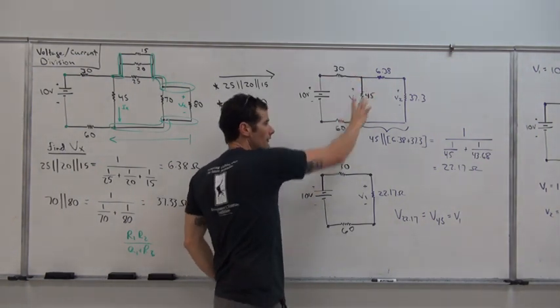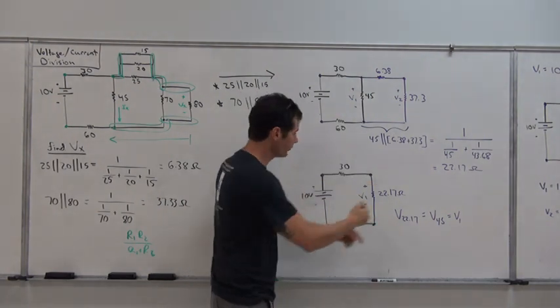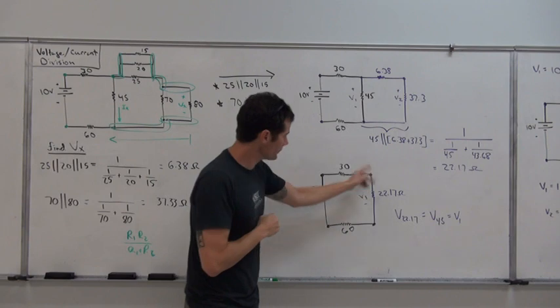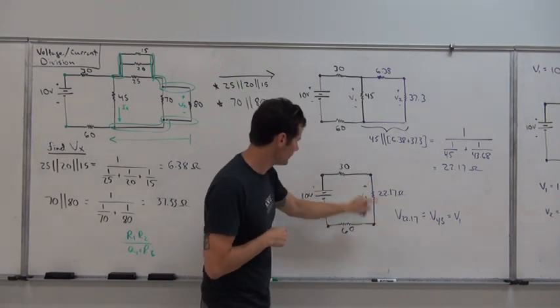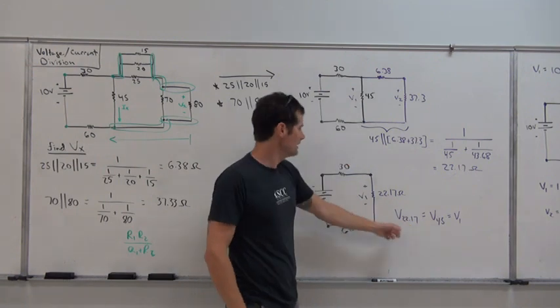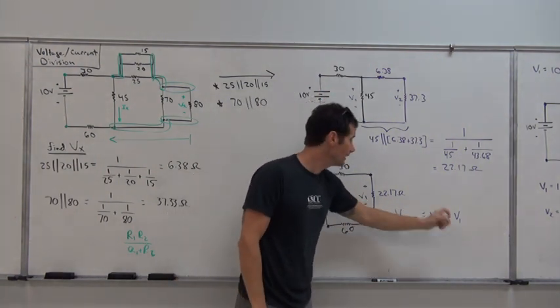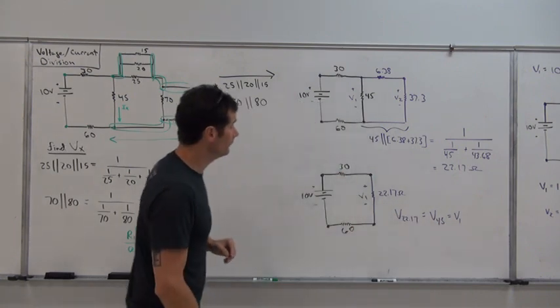The nodes of the 45 ohm resistance and the equivalence of everything to the right, broken towards the 10 volt source, of 22.17, are sharing those same 2 nodes. So the voltage across the 45 ohm resistor is the same as the voltage across the 22.17 ohm equivalence, and that's also equal to V1.